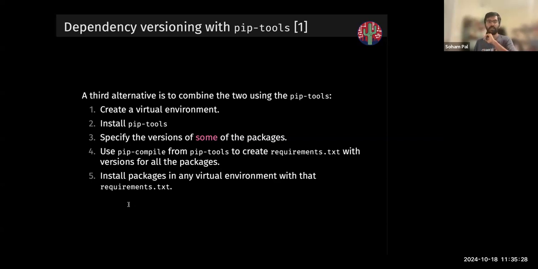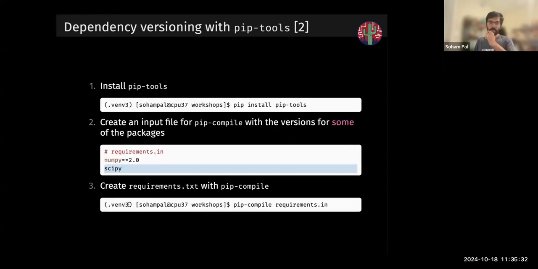Okay, so let's see how it actually functions. So let's say I make a .venv3, and in that I first run pip install pip-tools, and then I would like to create an input file, and we can give that any name.